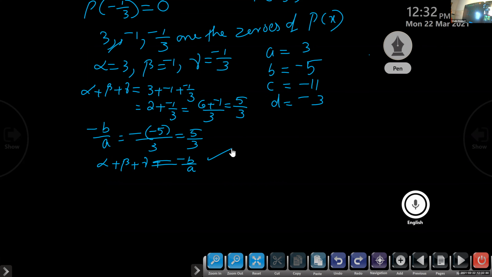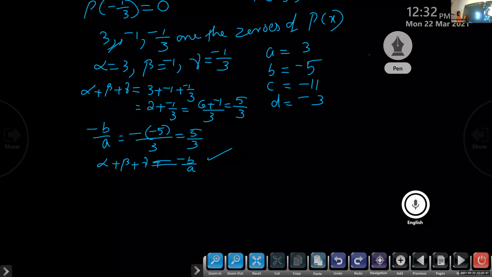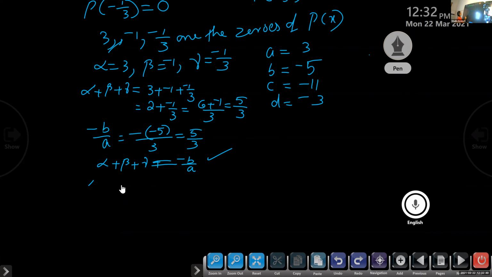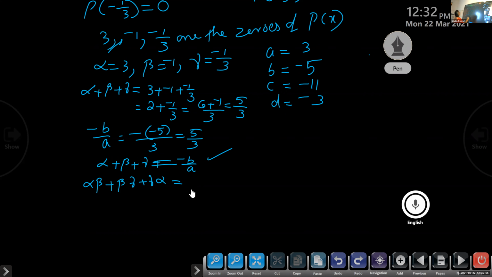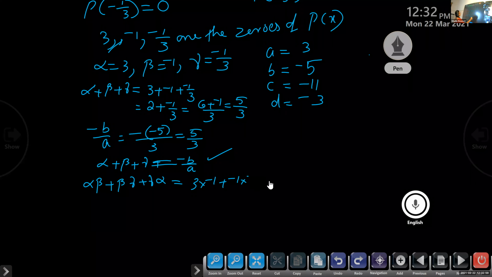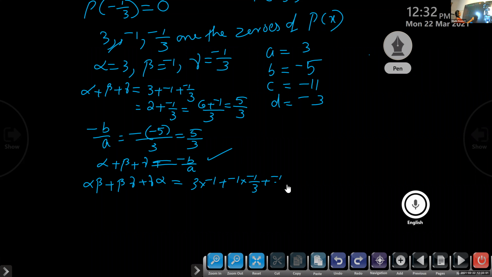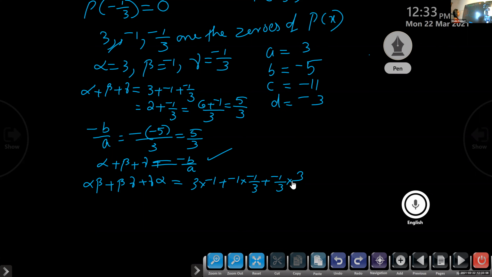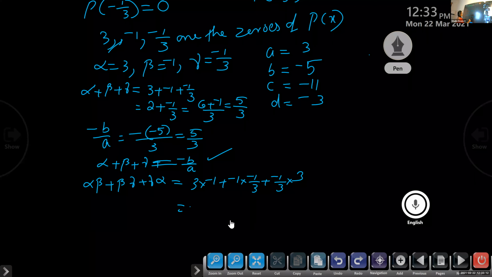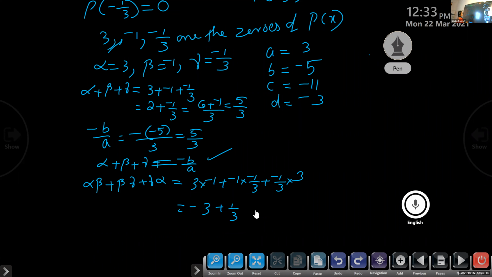Next, taking two at a time: alpha beta plus beta gamma plus gamma alpha. Alpha is 3, so 3 into -1, -1 into -1/3, and -1/3 into 3. So this is -3 plus 1/3 minus 1.